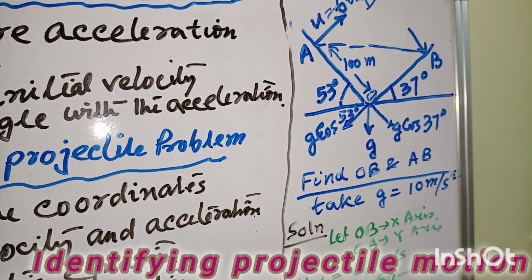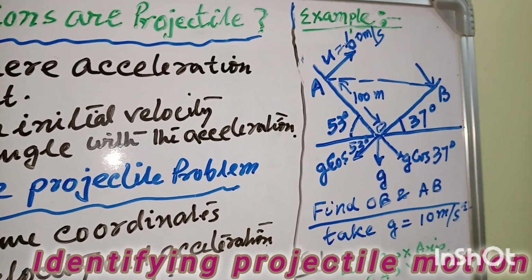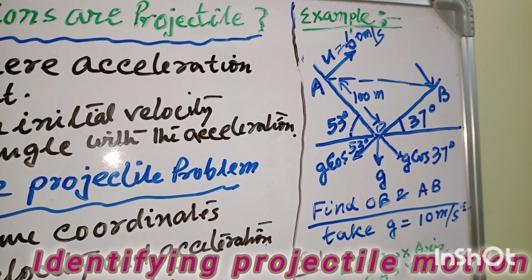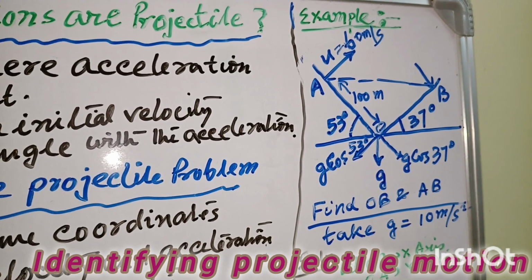Now, from A on the first inclined plane, which is inclined at 53 degrees with the horizontal, an object is thrown with initial velocity 60 meters per second in a direction perpendicular to the inclined plane, and such that it falls on the second inclined plane perpendicularly at B. Now we have to find OA and also OB, and by this we have to find AB also.